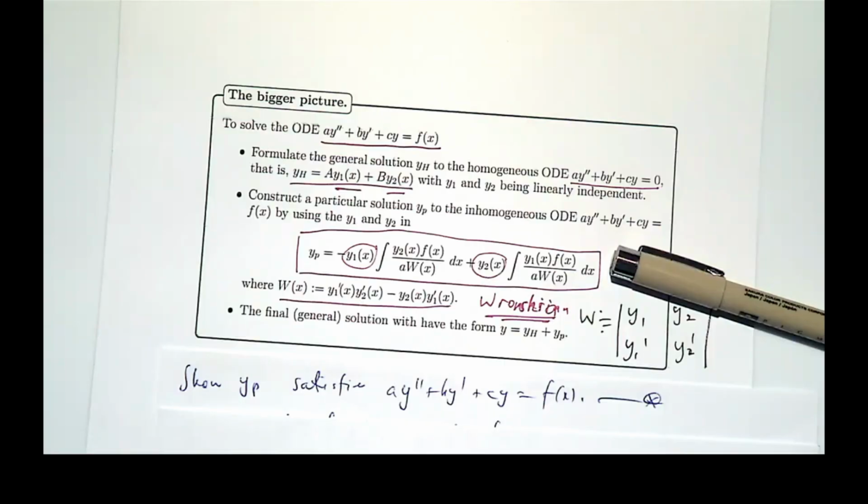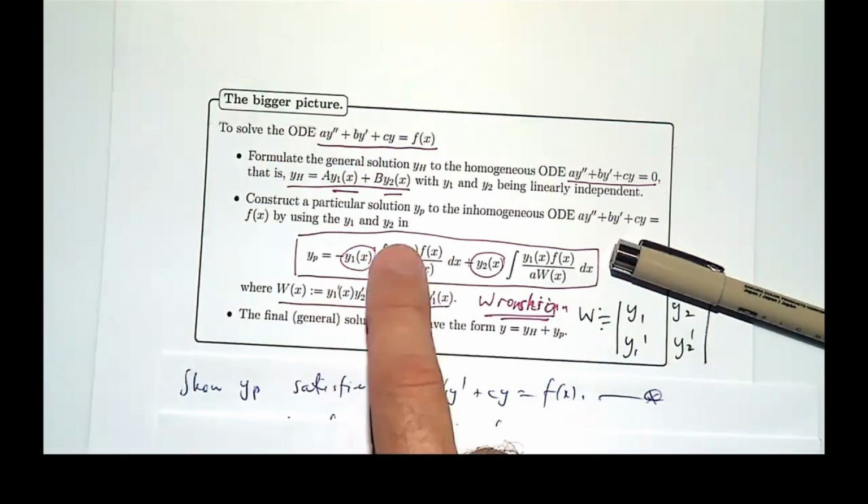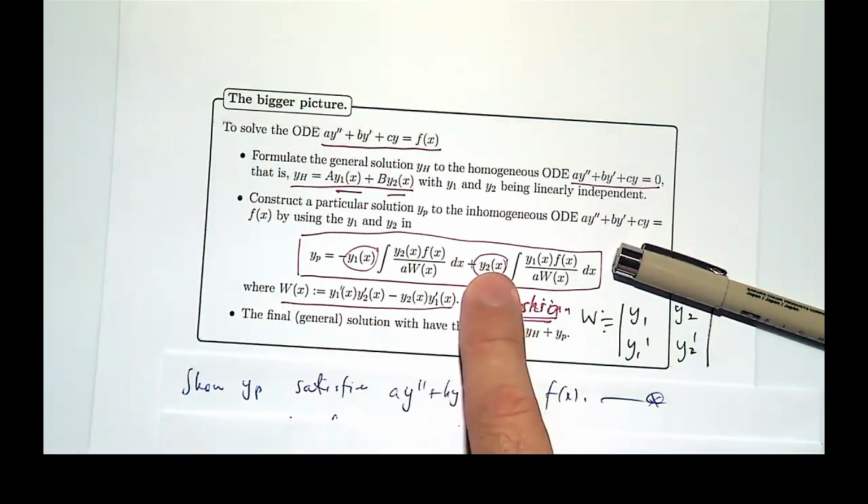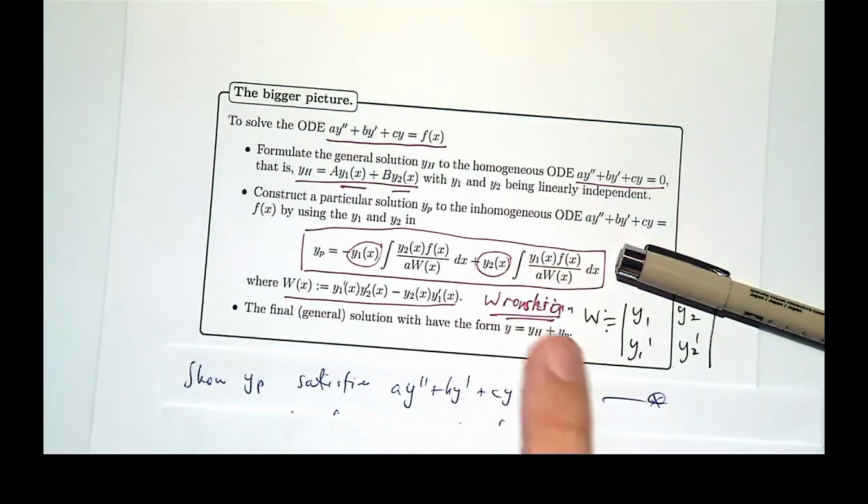How would we do it? Somebody, anybody. Product rule, who said that? You rule. Product rule, right? Because this is a function of x, that's a function of x, this is a function of x, that's a function of x.